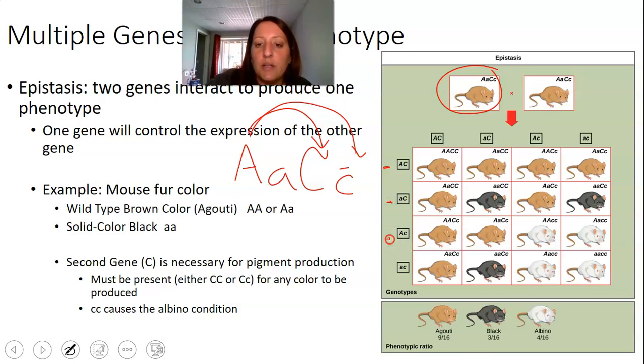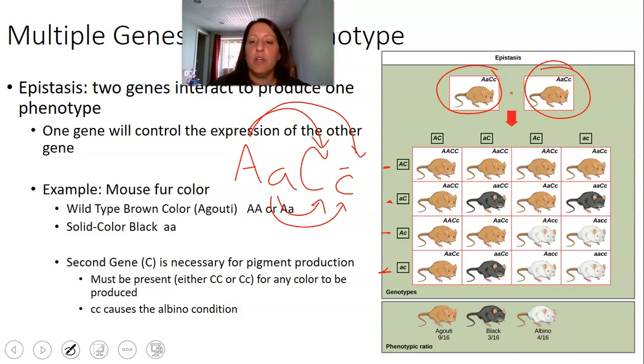So our big A, little c, 1/4 our little a, big C, and then 1/4 our little a, little c. It doesn't matter the order of your gametes. They can be in any order. I just like to go from A and go over, and then little a and go over. The same thing for this parent. It has the same genotype, so the same 4 gametes will be produced, 1/4 chance of each.